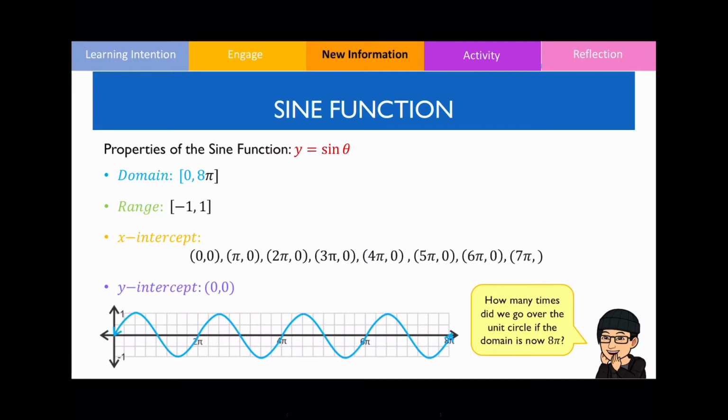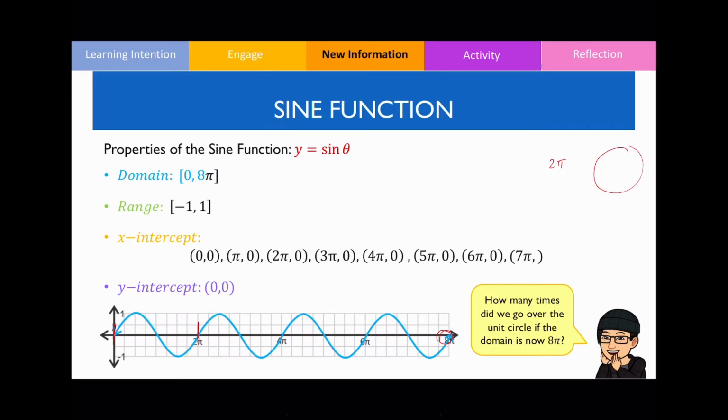So this particular sine function is a kind of elongated sine function. Now remember that for the most basic sine function, the domain stops at 2 pi, but as you can see over here, I've stretched it and continued the pattern onwards. Since we know that 2 pi goes around one revolution of a unit circle, and I'm showing you all the way up to 8 pi, how many times do you think we have to go over the unit circle in order to draw this graph?